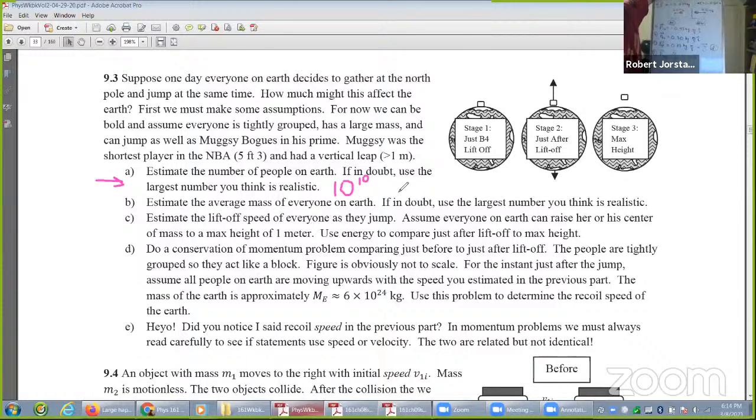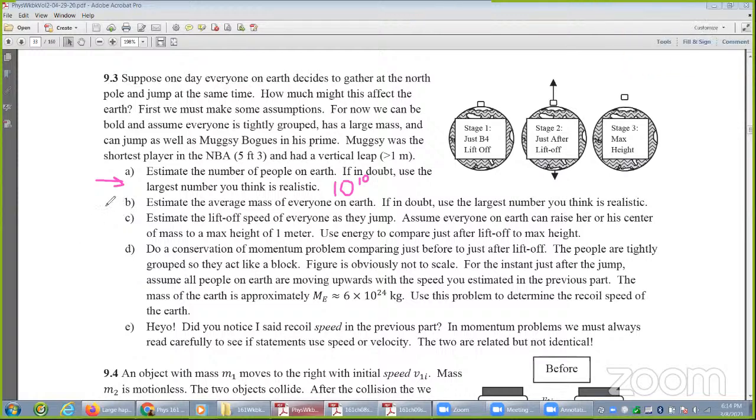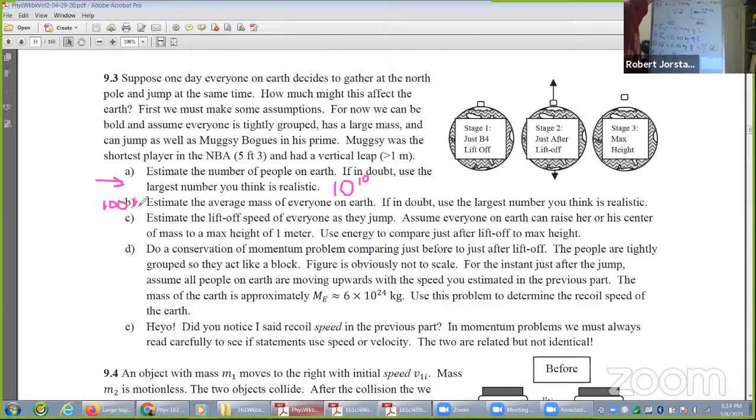Give me an easy number. 200 pounds. Okay, how about we say 100 kilograms? So all the people on the Earth are going to weigh about 1 trillion kilograms. Notice the mass of the Earth is 1 trillion times larger than that. So we expect no matter how fast the people jump.